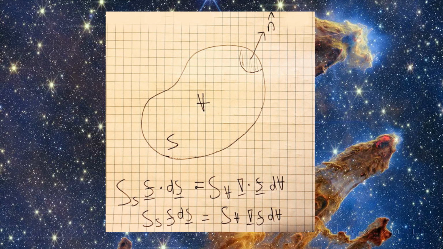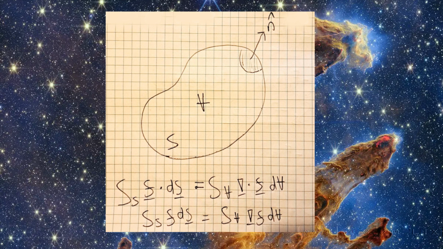So the shape can be anything that we want it to be. So we have the surface integral of f dot dS is equal to the volume integral of del dot f dV.